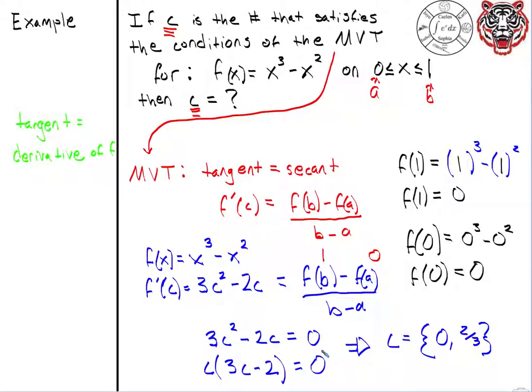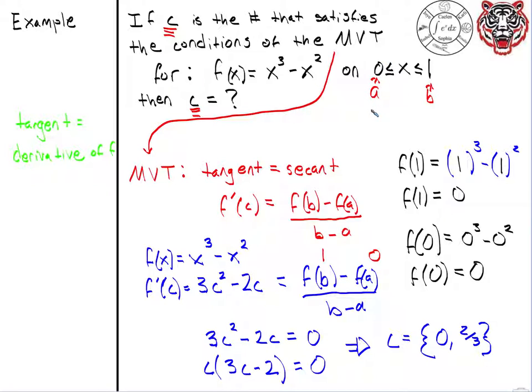So I think we have to be careful here. I don't think 0 is an answer. Because remember, we're taking the derivative of the function. This is an endpoint.